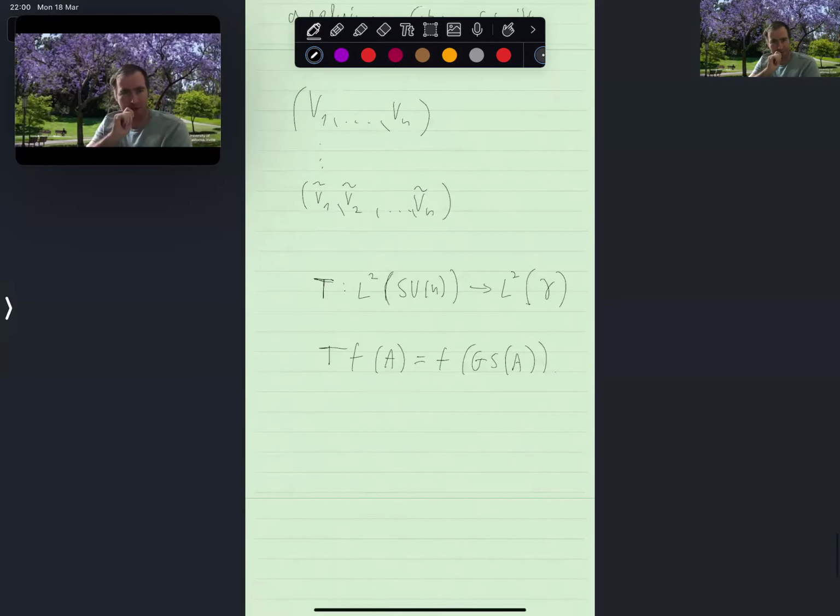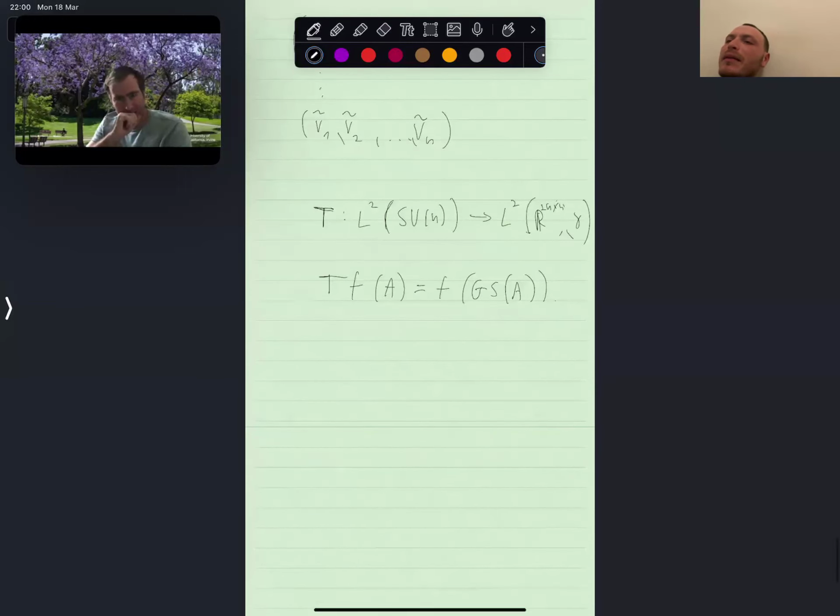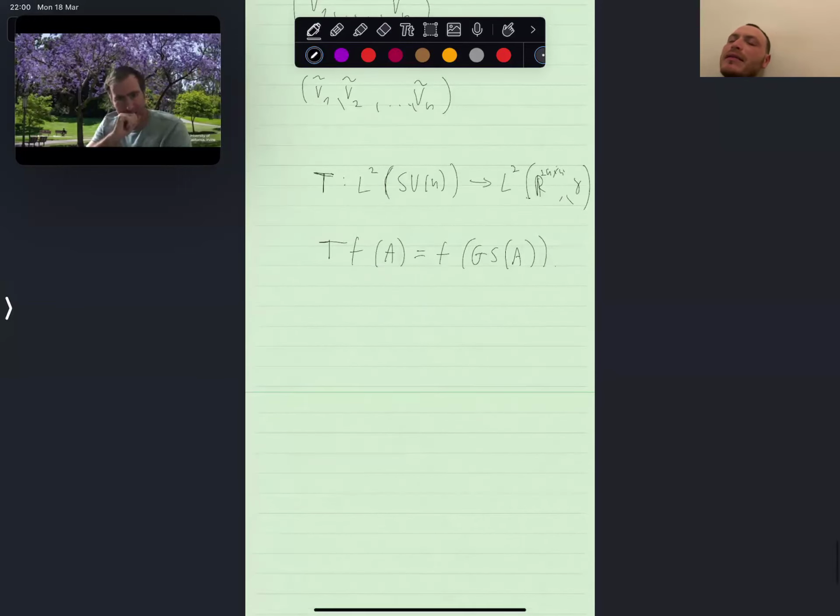So T is from L2 of SUN to L2 of R^(n times n) with gamma. Basically, Tf takes as input some arbitrary matrix, and then it applies Gram-Schmidt.